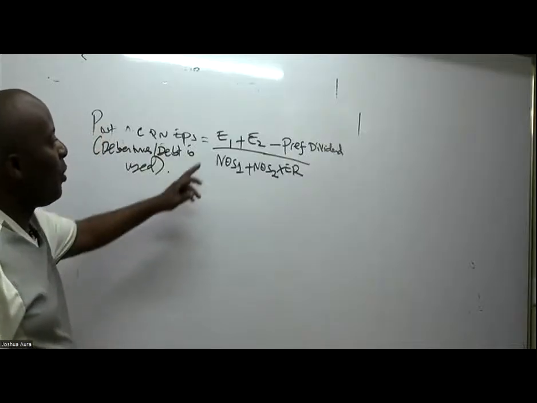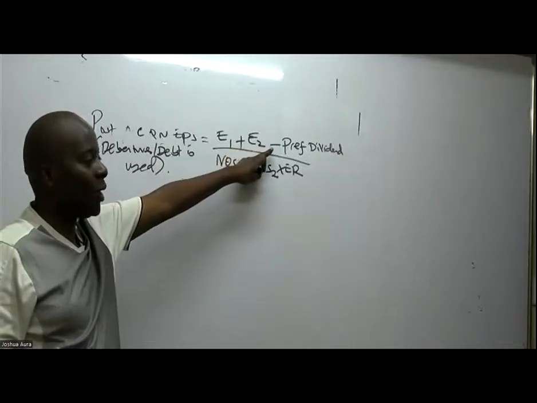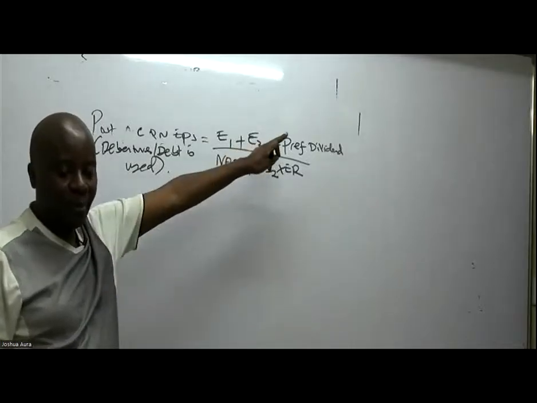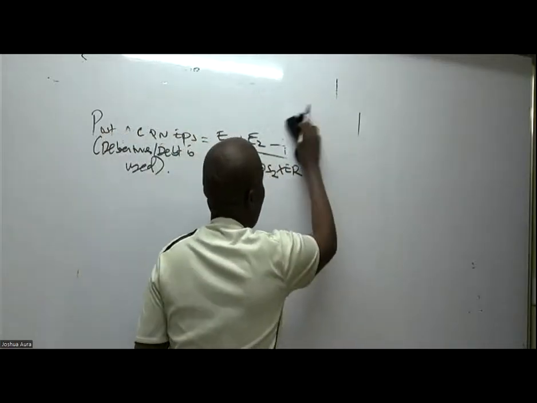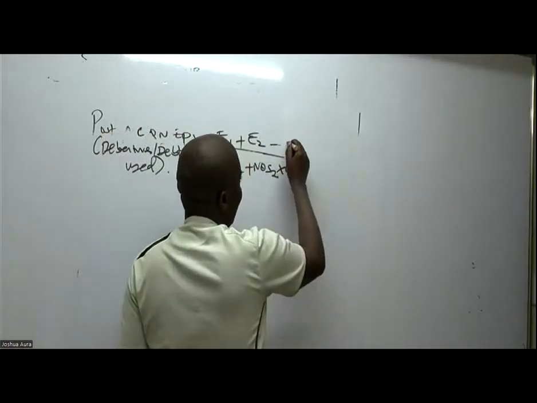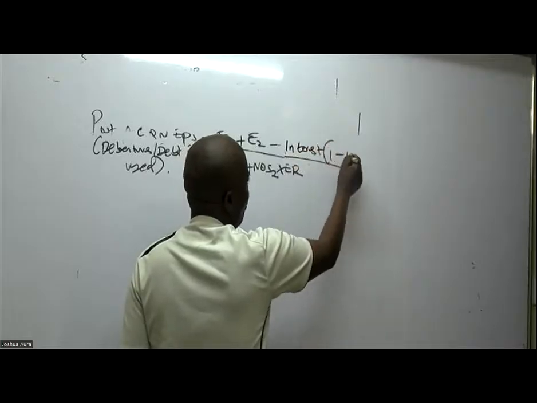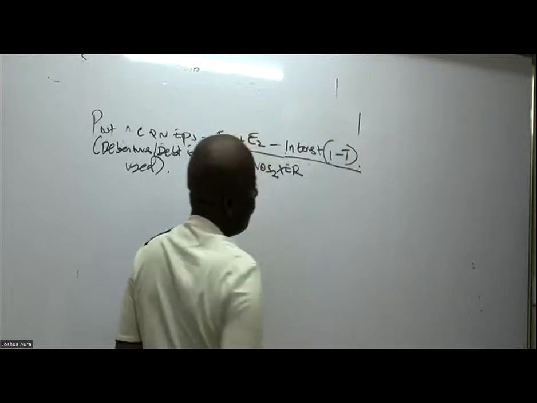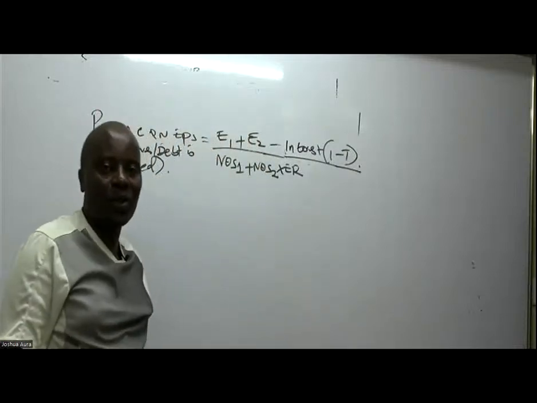So this one here will be earnings of company 1 plus earnings of company 2. But now we know that debenture holders, we shall pay them interest. So in this case, minus interest. But as somebody has mentioned up there, interest gets a tax waiver, so it has to be interest after tax.